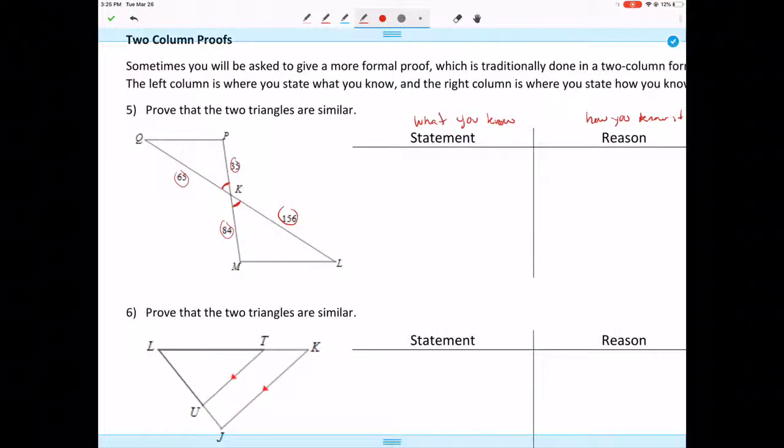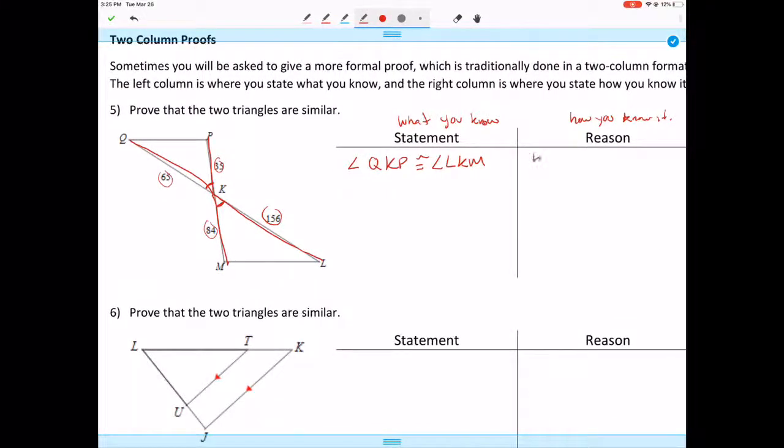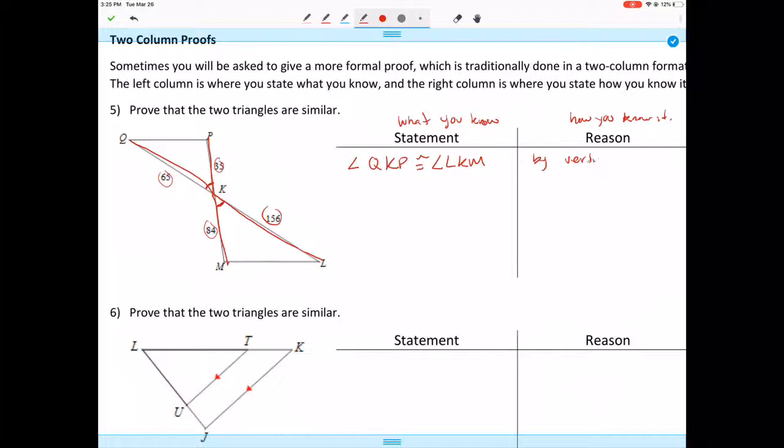All right, so one of the things you may want to write down is angle QKP is congruent to LKM, and then how do we know? By vertical angles. All right, that's our proof.